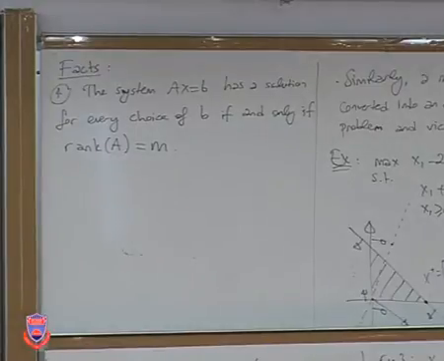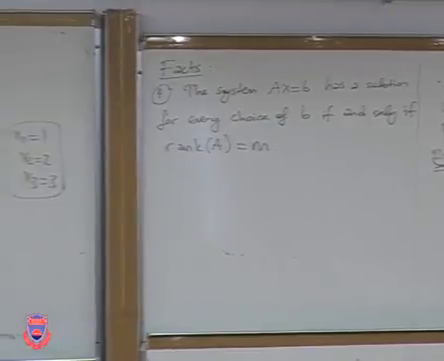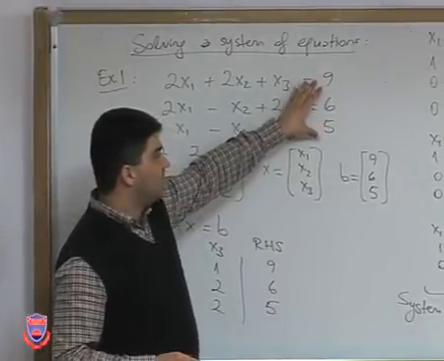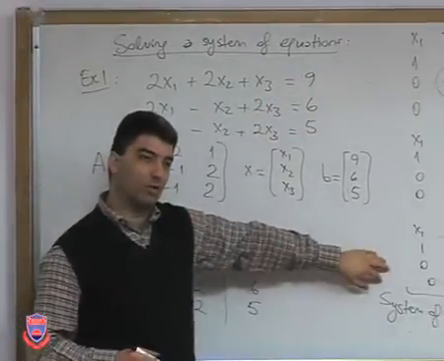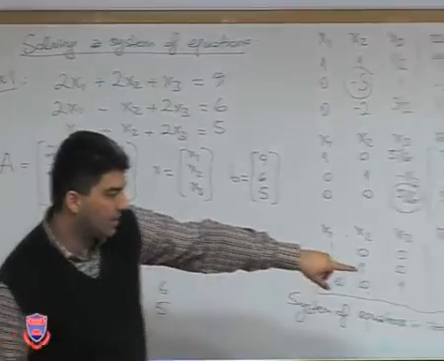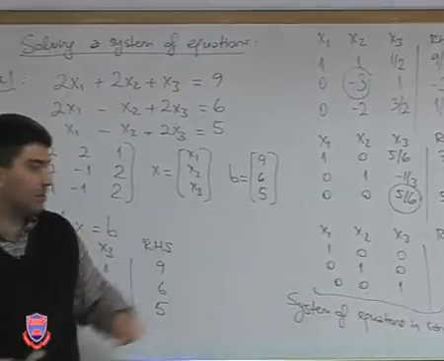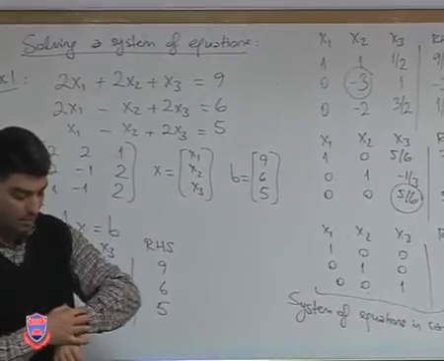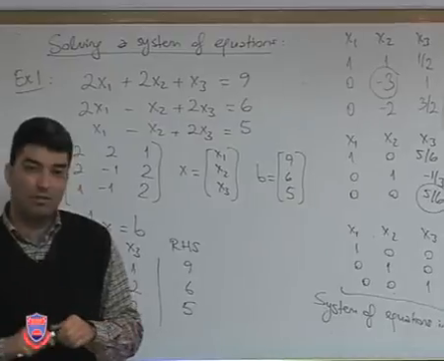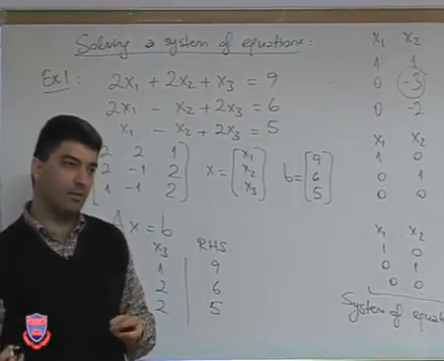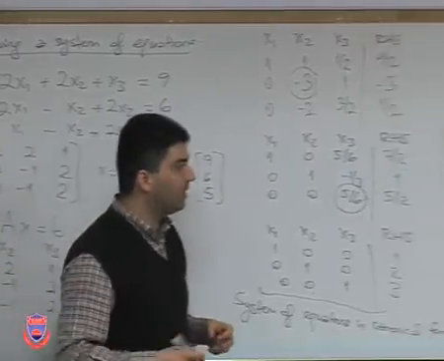The rank of A is the same as the number of rows; A has m rows. For example, in this case the rank of A is equal to 3, which means that for any right-hand side, I will always find a solution. Whereas in the second example, for that right-hand side, there's no solution. So if the rank of the matrix is the same as the number of rows, then we always have a solution, and this is true for every right-hand side B. Independently of B, I can always find a solution.